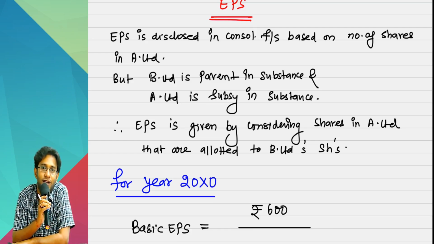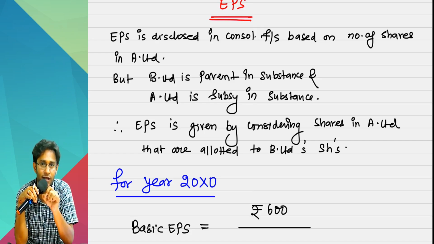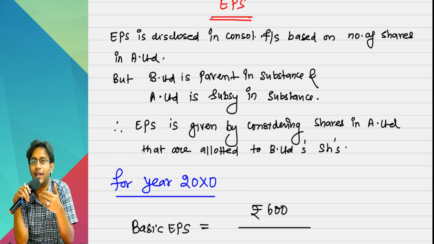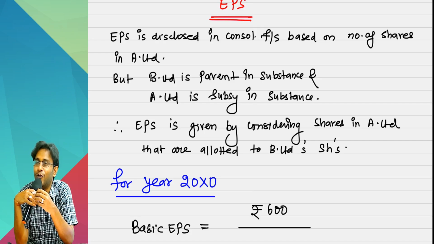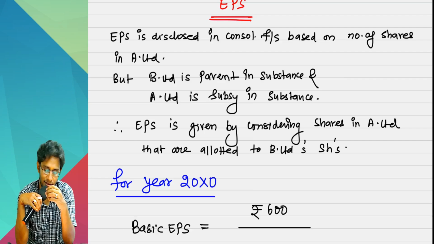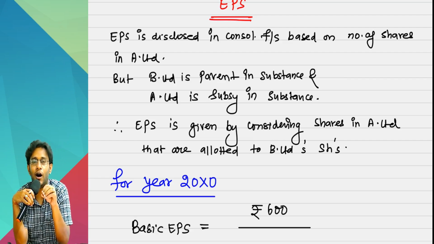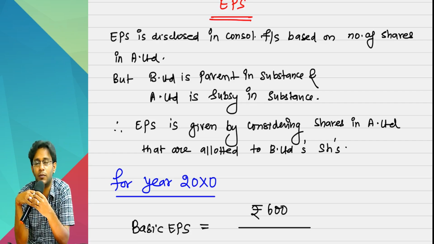Why should I not take 100 shares? Tell me, sir. If you take 100 shares, are you not taking the shares of the subsidiary? Who is A Limited? Legally parent A, but accounting-wise that fellow is a subsidiary. So what you have to do is, how many shares belong to the accounting parent? Who is the accounting parent?